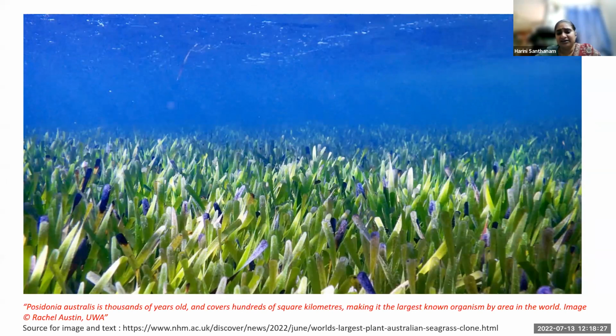It covers hundreds of square kilometers, and it is actually supposed to be just one organism covering entire hundreds of square kilometers. This actually was known to be the oldest possible organism which is in existence. By area in the world, it is the largest possible organism.